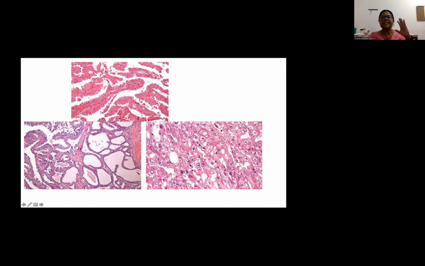This is the initial description for HLRCC-RCC. If you compare this image with the tumor that we saw in that 17-year-old girl, this was definitely not fitting for an FH deficient or an HLRCC.